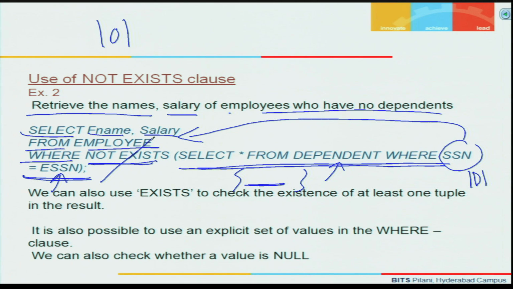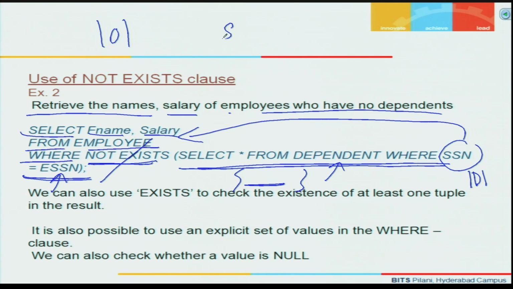Just now we have seen an example of how to use the exists clause, and it is also possible to use an explicit set of values in the where clause. For example, I want to find the employees who are working with either department number 5 or 10.